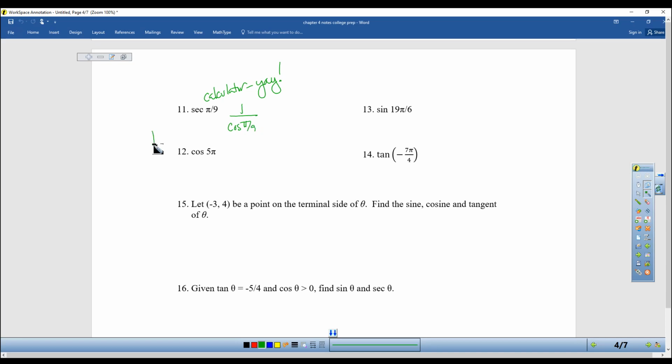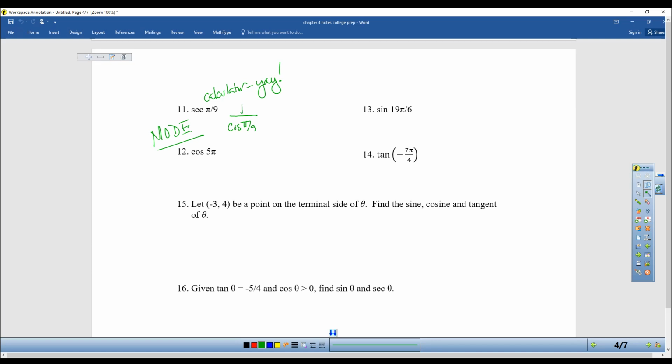And now you're going to have to switch the mode. We just had it in degree mode in order to do that 50 degrees. And now I need it to go back to radian mode. So I hit the mode button, which is next to the second button. I go down and click on radian.